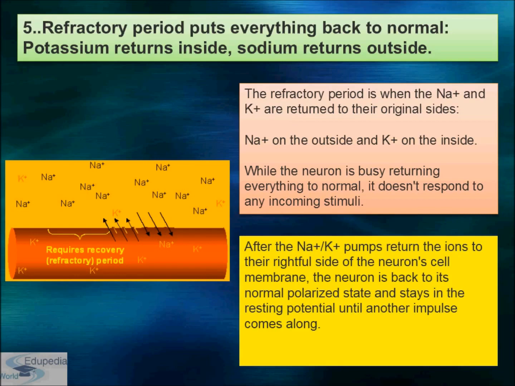That means the original home for Na+ was outside the membrane and the original home for K+ is inside the membrane. Na+ on the outside and K+ on the inside.